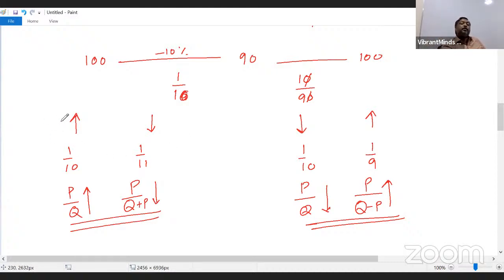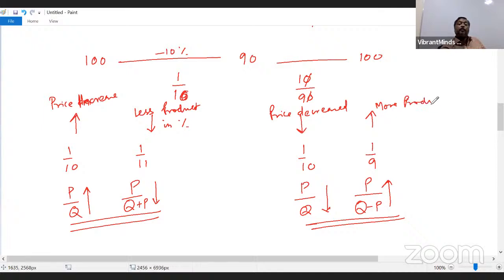Here the price is increasing first and we are getting less commodity. Here the price is decreasing first and we are getting more commodity. So price increase, less product in percentage. Here price decreased, more product in percentage.